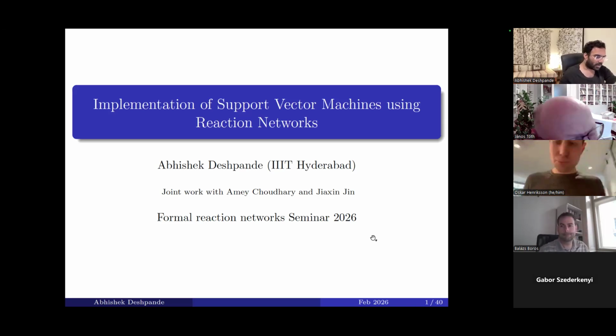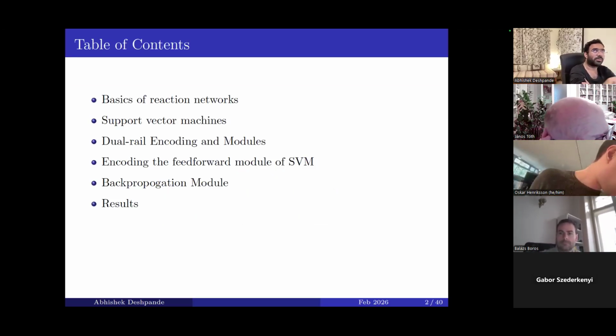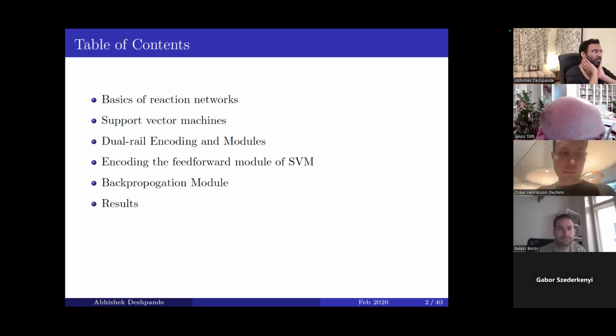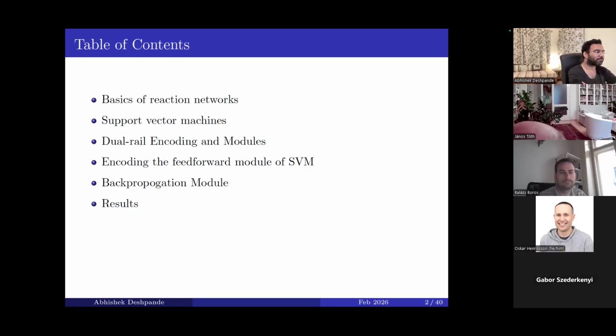So the talk will involve the following topics. I will start with some fleeting introduction to reaction networks, which I guess most of you are aware, but for completeness, let me give you some introduction to reaction networks. Then I will talk about support vector machines, which are supervised machine learning algorithms. And then in the next three, four sections, I will talk about how to implement support vector machines using reaction networks.